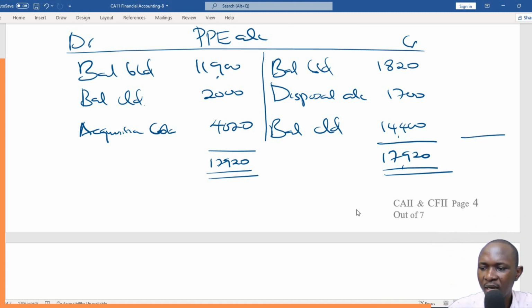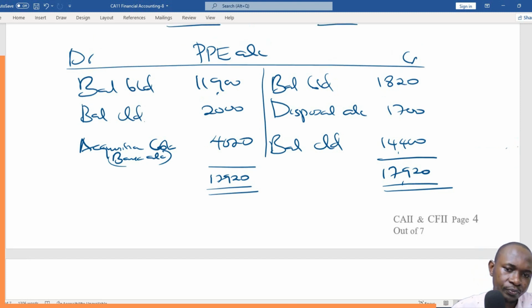This shows that the bank lost 4020, and that is what is of concern to us. So we can simply say bank account had to pay 4020. That is the cash flow that we are actually interested in.